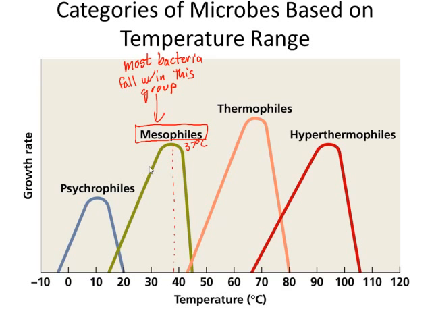Now that's interesting. I don't know how many of you have worked in centigrade, but do you know the body temperature of a human in centigrade? Yeah, the body temperature of a human in centigrade is 37 degrees Celsius. Mesophiles grow best at 37. Humans are at 37.